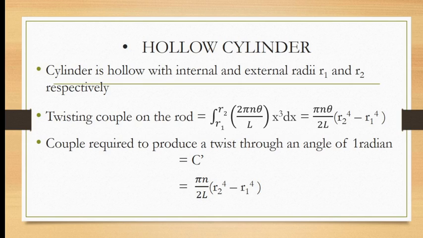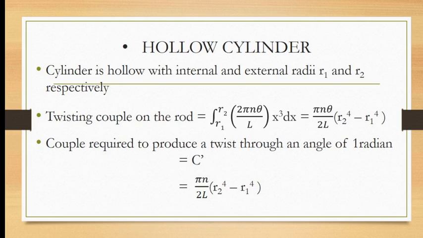So we will get pi n theta by 12 into R2 raised to 4 minus R1 raised to 4, where R1 and R2 are the internal and external radius of the hollow cylinder.